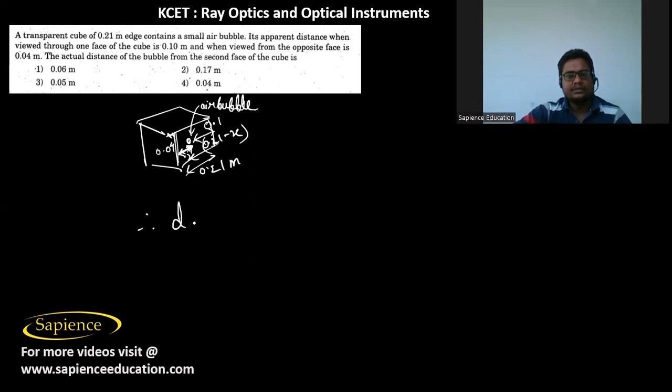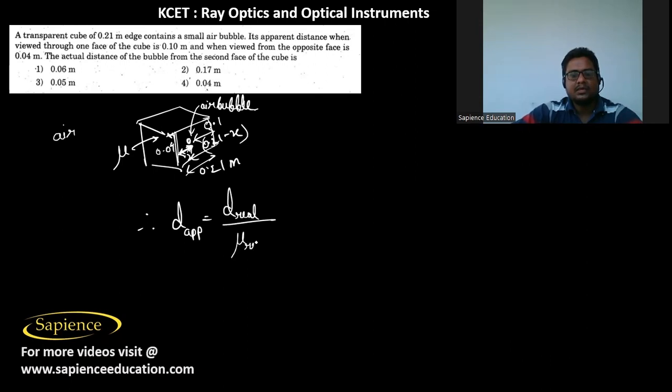Now, we know that, suppose the cube has refractive index mu and outside there is air only, apparent depth is equal to the real depth or the actual depth divided by mu relative, where mu relative is the refractive index of the medium where the source has been kept with respect to the surrounding medium.